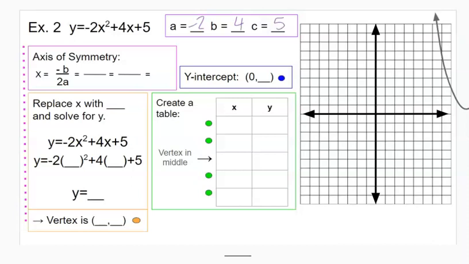And then we are going to solve for that axis of symmetry. So we are going to do the opposite of b. So b is 4. And then on the bottom, we're going to have 2, and then times our a value.